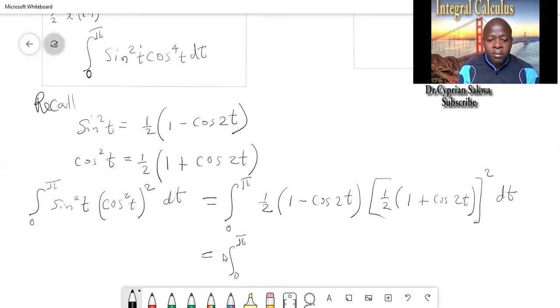So I just want to take them outside the integral sign from the beginning, so that I'm left with 1 minus cos of 2t multiplied by 1 plus cos 2t, and then I square it, dt.